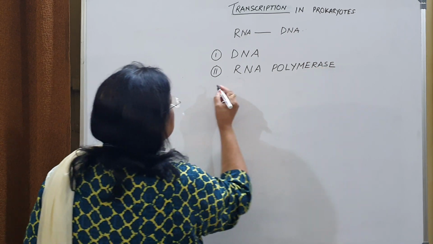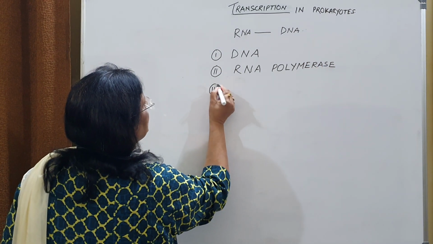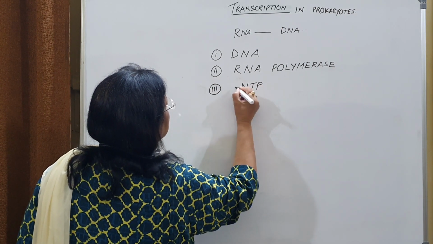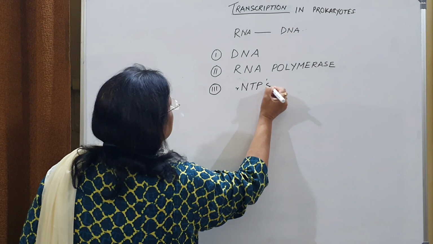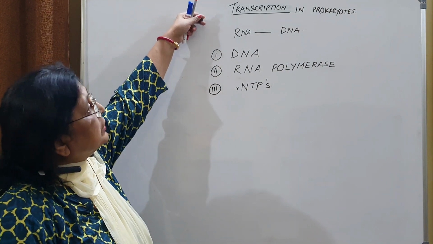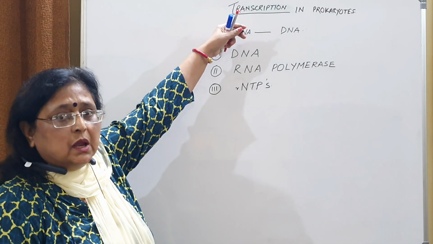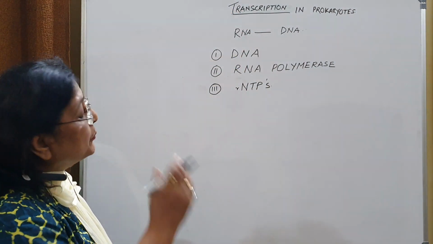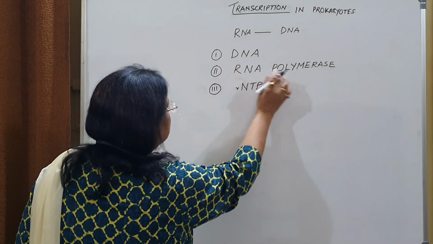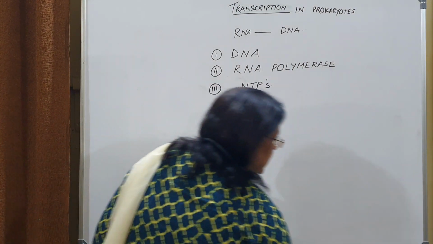And the third is the nucleotide triphosphates. So these are the three things required for the process of transcription in prokaryotes. Now let us see the enzyme first, RNA polymerase.